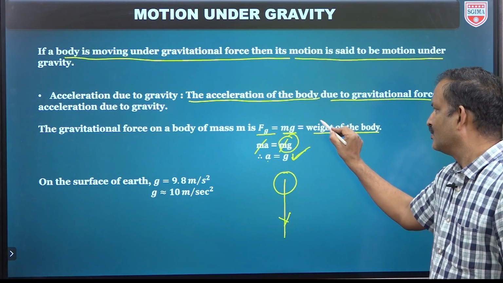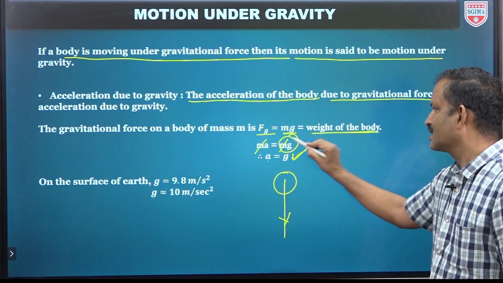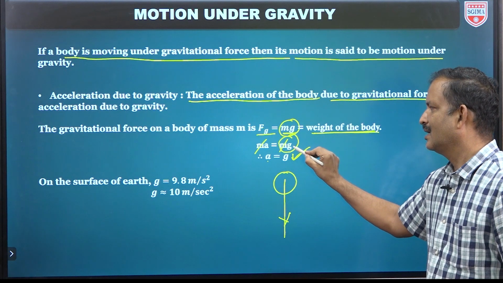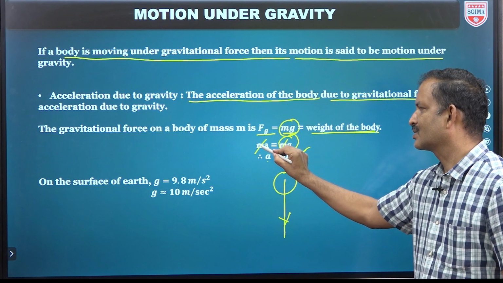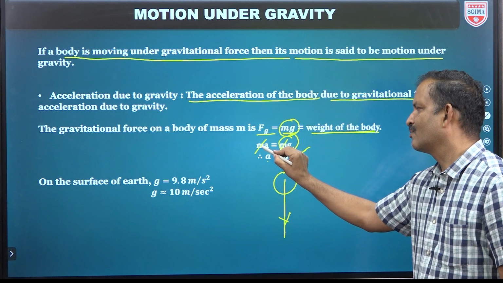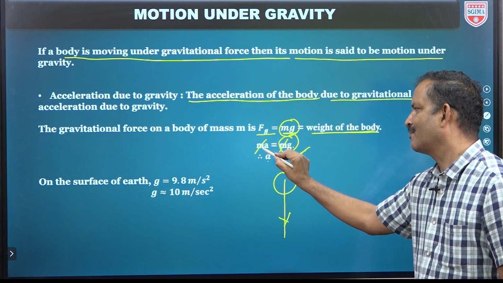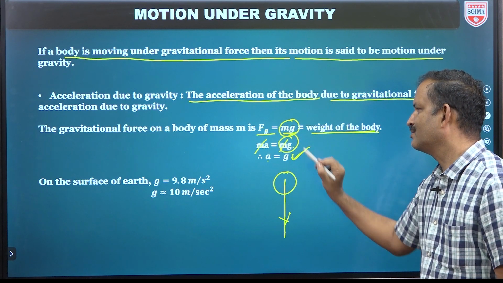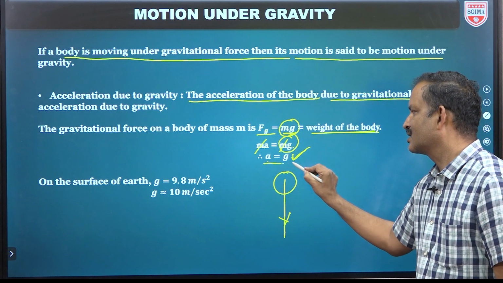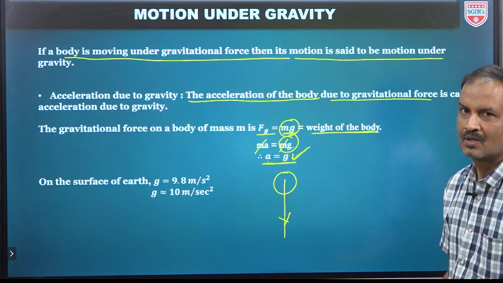The weight of the body is the gravitational force, that is mg. That force is ma, Newton's second law, F equal to ma. ma is equal to mg, then acceleration is acceleration due to gravity.